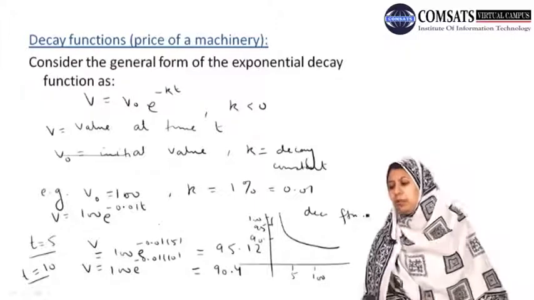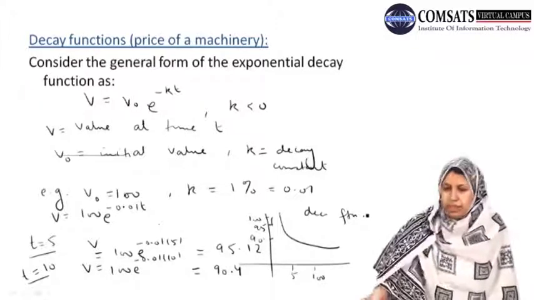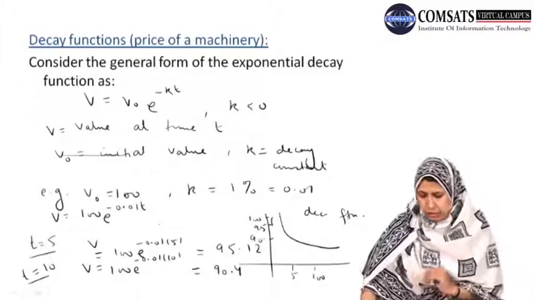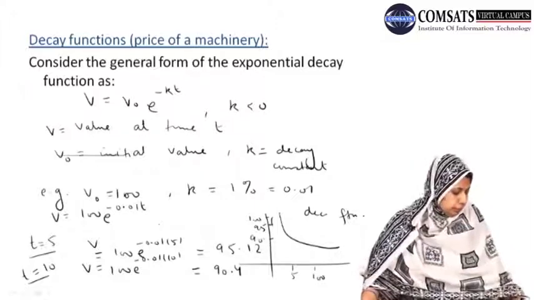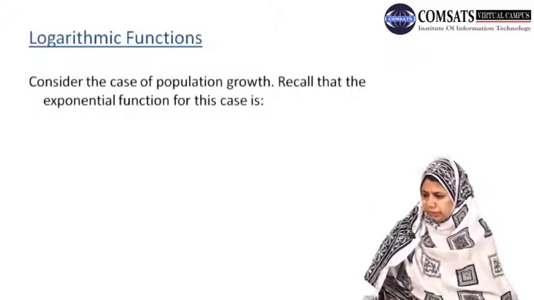Since this is the model of decay process, the graph is naturally a decreasing function, falling from left to right. Now we consider the applications of logarithmic functions.